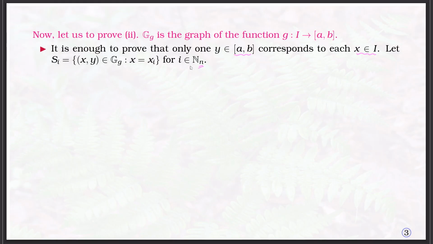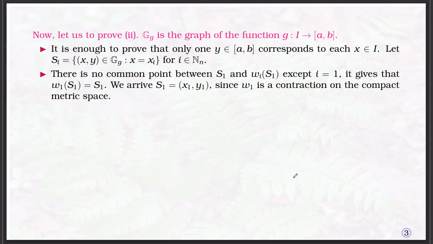For the n points, you can take x equal to x_i associated with some y. Now we need to prove that only one y corresponds with one x.